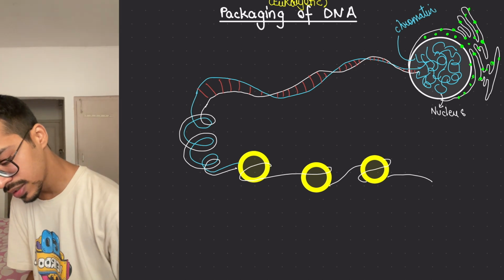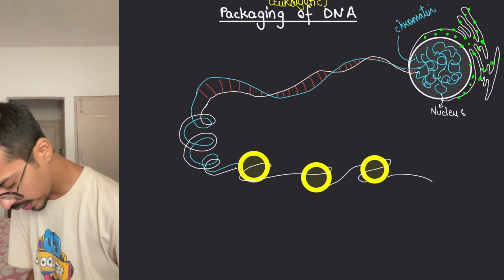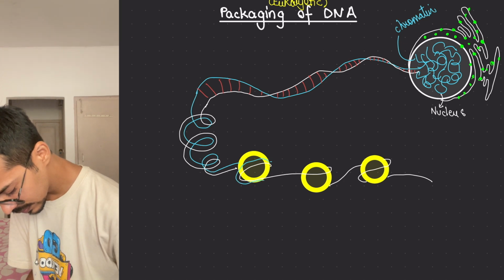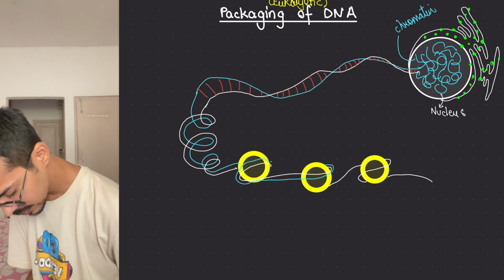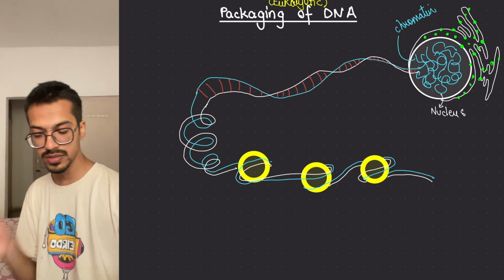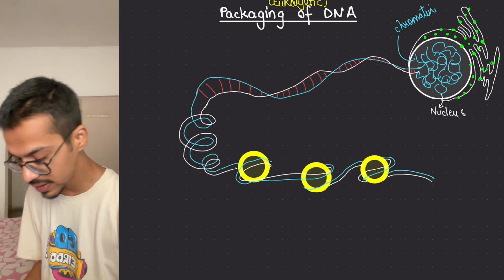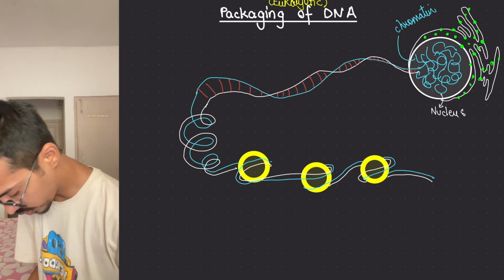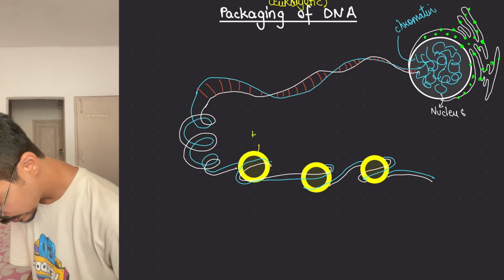Can you see the coiling happening like this? So it is being coiled like this. The yellow colored thing is the histone protein.